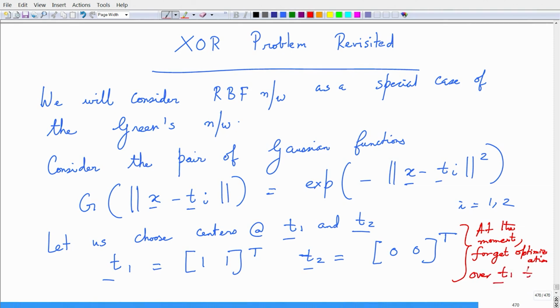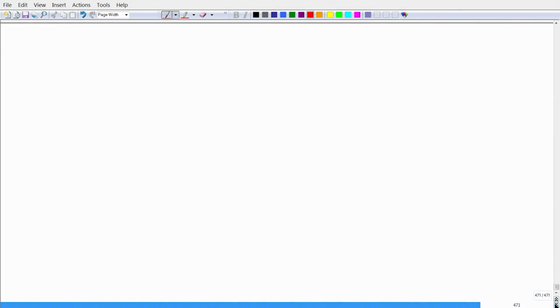I told you earlier that you could set up the Tikhonov functional and then optimize T1 and T2 also along with your regularity conditions. So, at the moment we are not bringing regularization, we are not also bringing optimization over T1 and T2, we assume some choice of T1 and T2, and assuming this, let us try to solve the XOR problem.